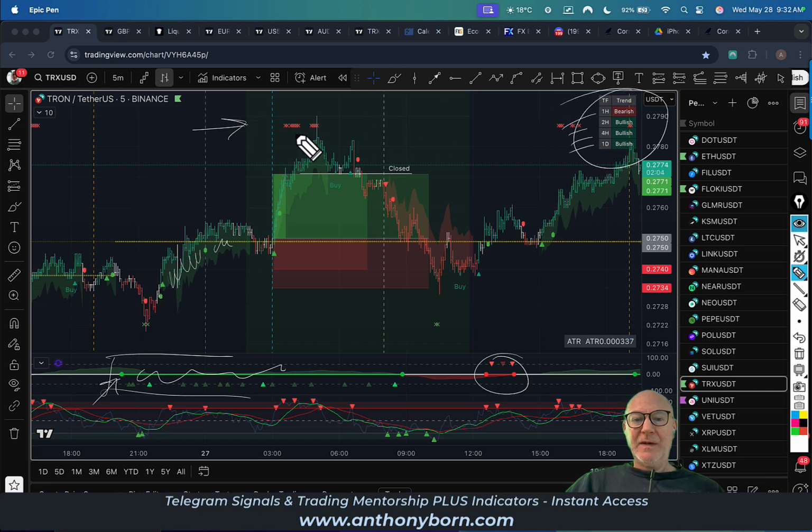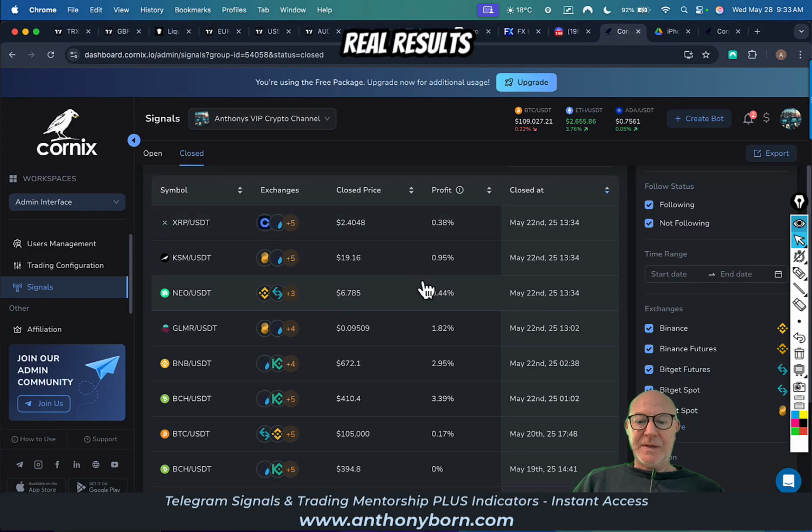Well, actually, I've knocked off the daily. We've only got the 1, 2, and 4 hour here, but this is showing you what the daily is doing as well. So we've got the trend behind us with this green shade. We've got a bit of a pullback, a green signal, up triangle, take it, tight stop.